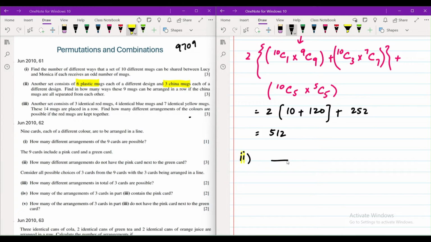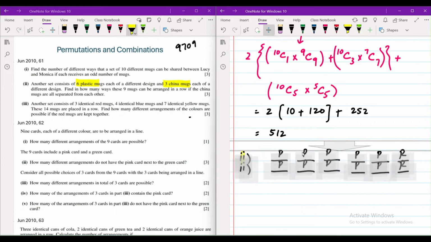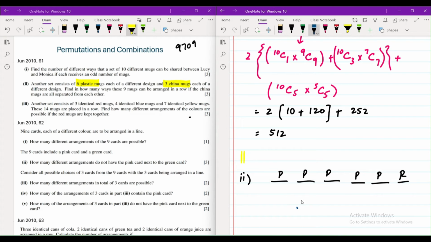So we have 1, 2, 3, 4, 5, 6 plastic mugs. So if we do this, as we can see, this is 6 factorial. Because we have 6, 5, 4, 3, 2, 1, sort of like this.